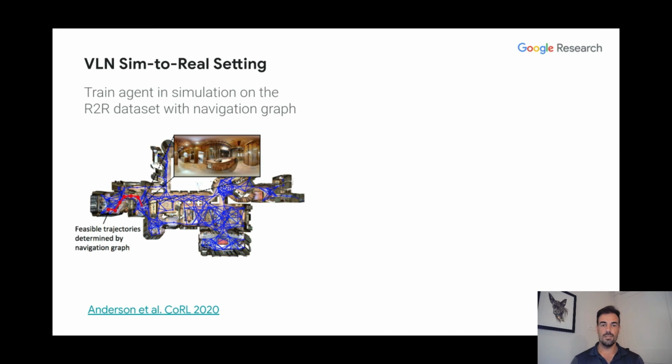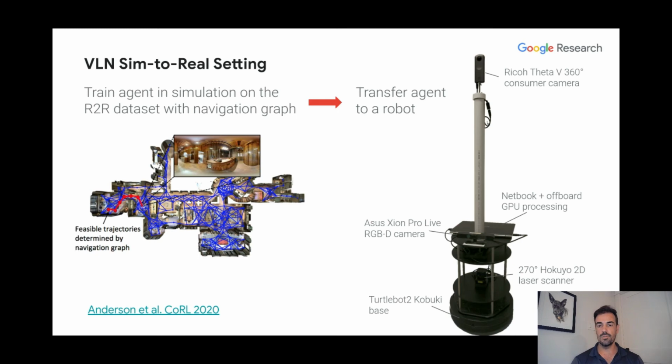So our goal in this work is to take a VLN agent trained in simulation on the room-to-room or R2R dataset, which, as you recall, is based on a navigation graph, as shown here, and to transfer this agent to a robot. And we'll be using a TurtleBot.